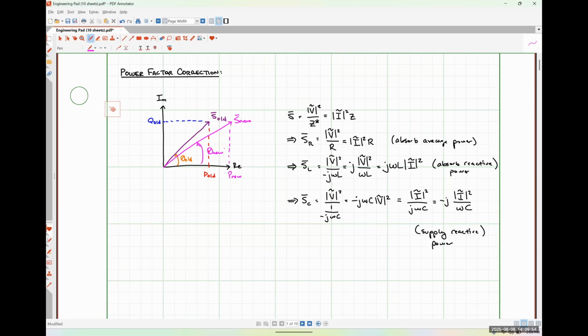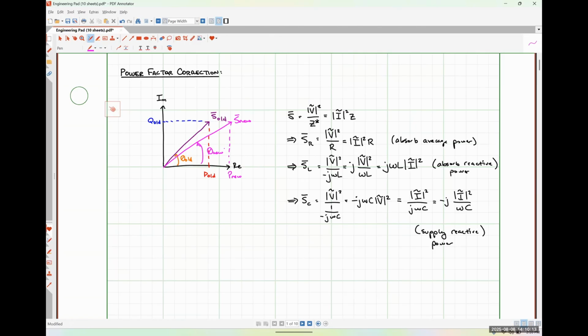So you're paying money either way. It works in theory, but it's a terrible idea in practice. The whole point of power factor correction is to avoid paying a fine because your power factor is too low.